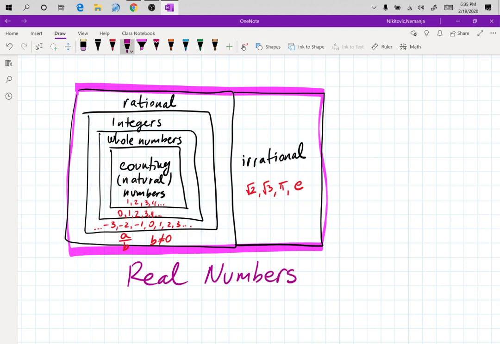So now we have one treasure chest for all of our numbers. And then we are going to add on the side what we call imaginary numbers. So now I am going to add another box over here, and I'm going to say imaginary.